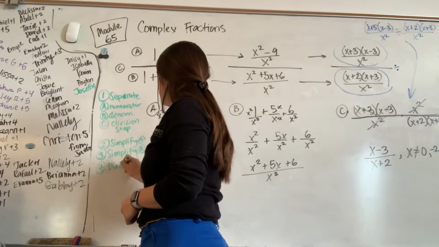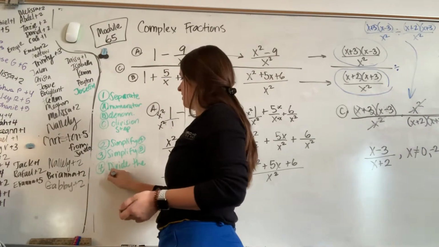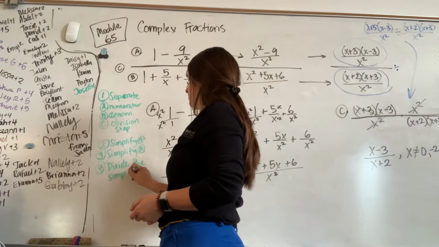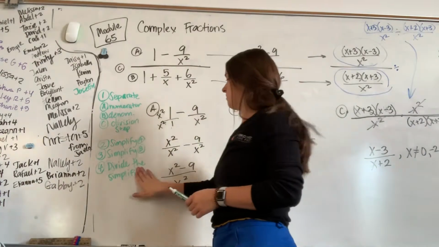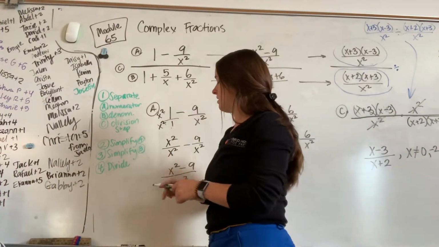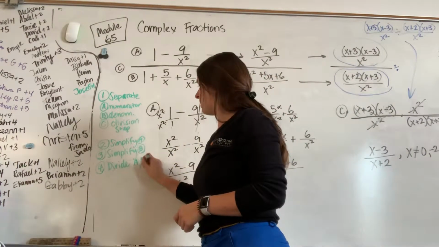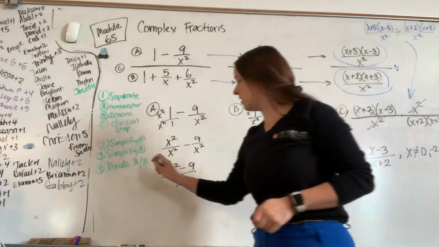Divide the simplified versions, A divided by B. That was the way I would do that. I like that.